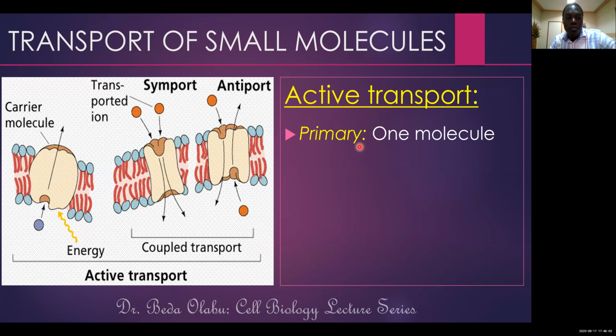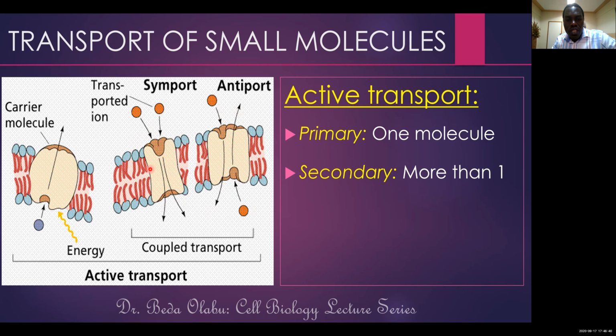However, if we are moving more than one molecule, then we'll call it secondary active transport. If you're moving more than one molecule against their concentration gradients, we want to know whether these multiple molecules are moving in the same direction, like this one, or they're moving in opposite directions, like these two.